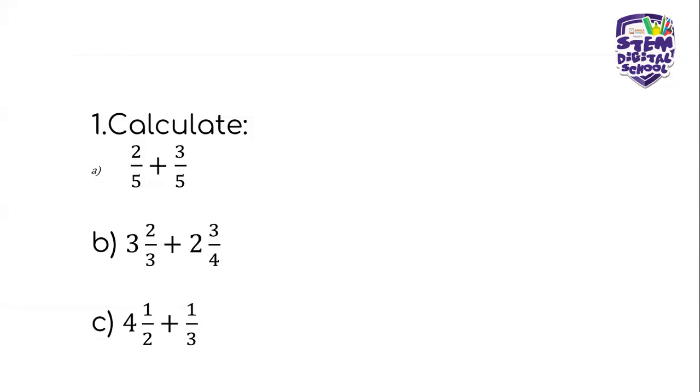And of course, the first one there is to add 2 and 3. So 2 plus 3 will be 5. So this means that you have got 5 over 5. 5 over 5 is 1.